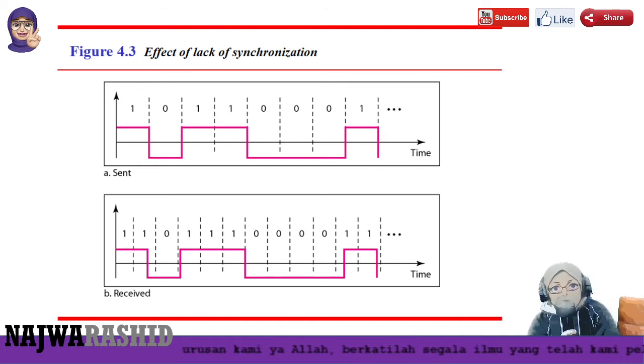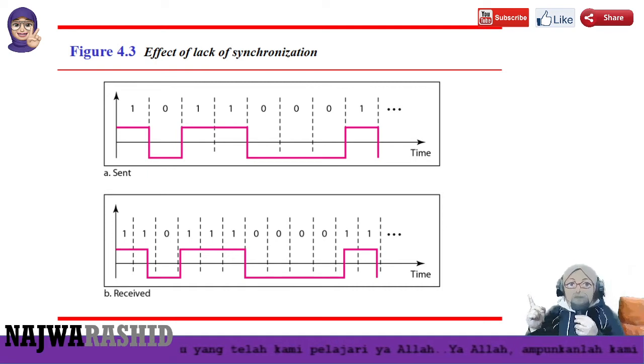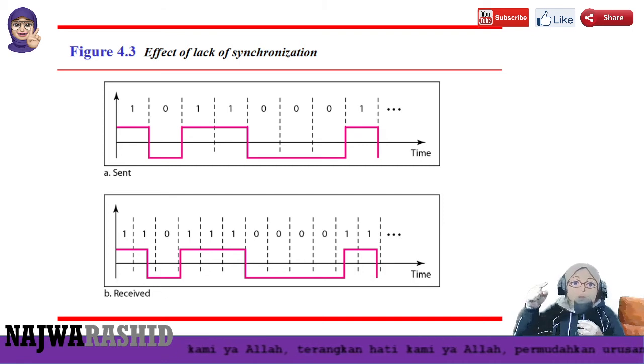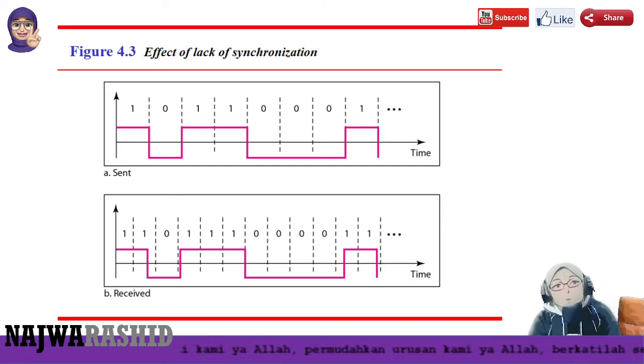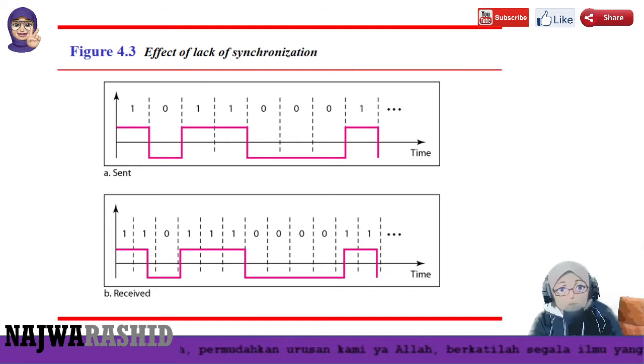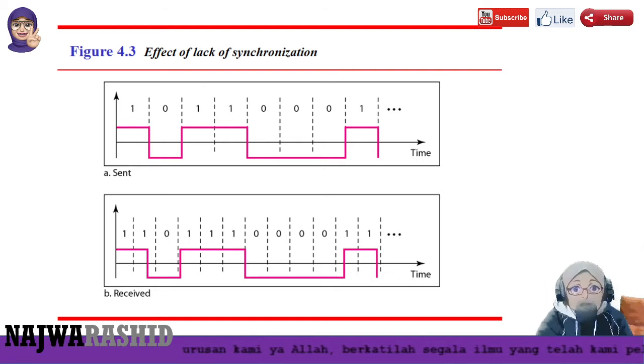Okay, this figure shows you the effect of lack of synchronization between the sender and the receiver. The first one is the sender, the second one is the receiver. This is the time frame.